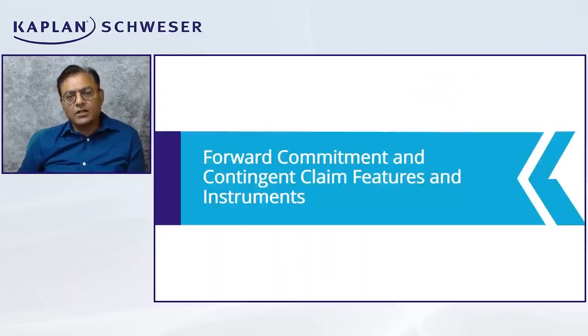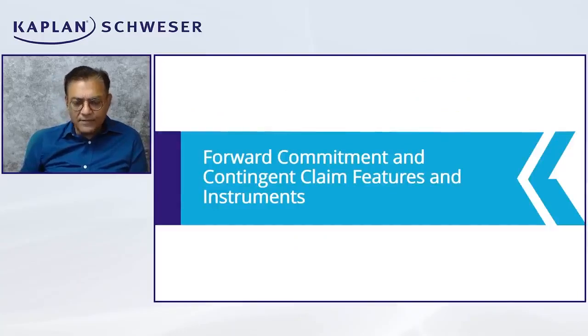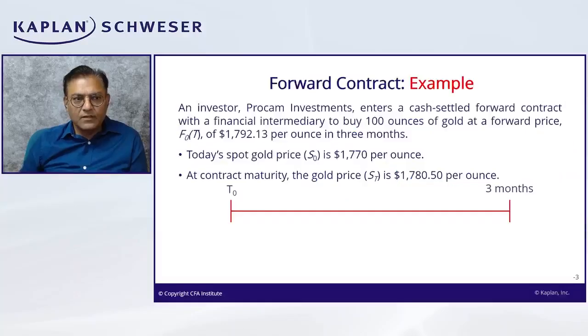All right, let's talk about forward commitment and contingent claim features as well as different instruments. So first, let's talk about a forward contract. A forward contract is simply a contract whereby we agree today on a price to deliver a specific quantity of security or commodity, and the settlement occurs at some point in the future.